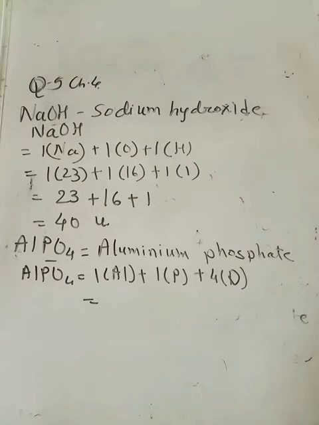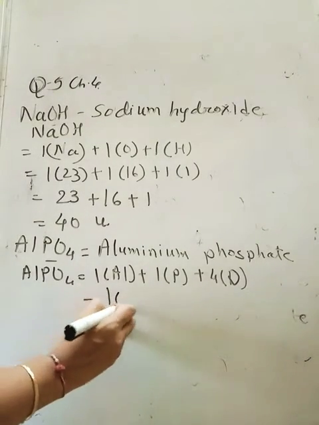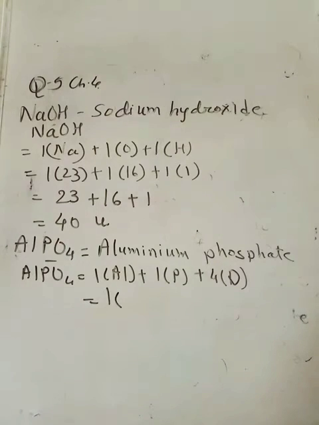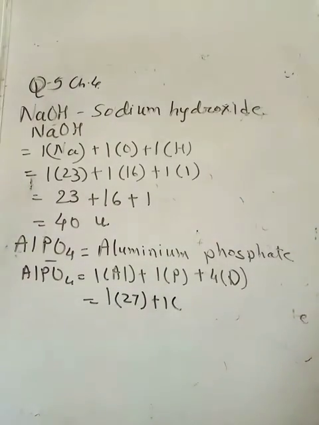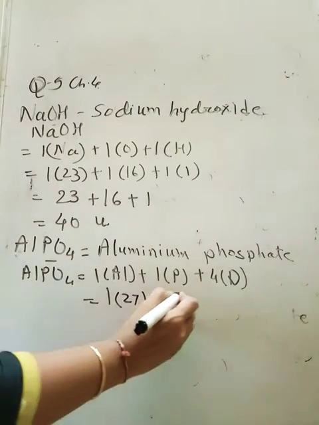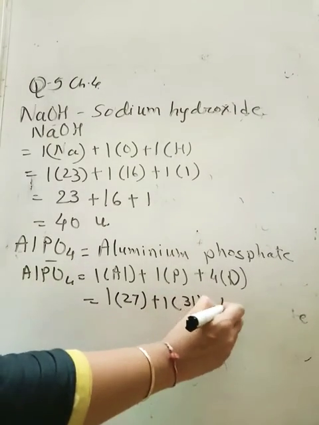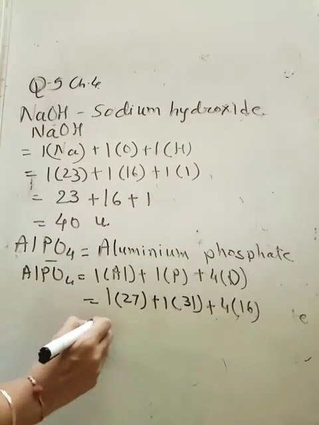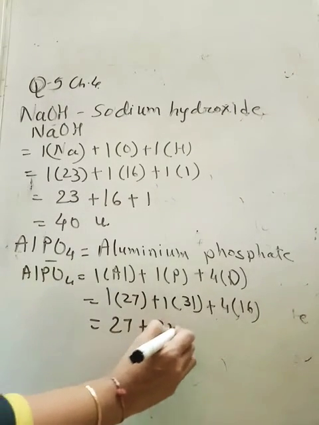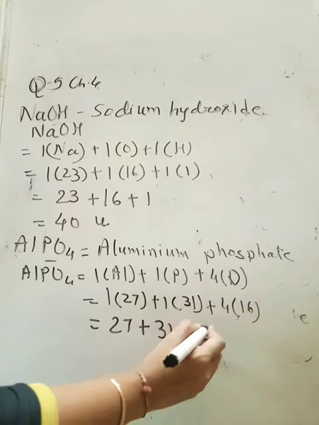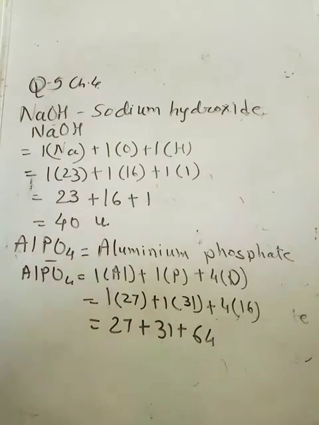So we have 1 aluminium, we have 27, plus 1 phosphorus, we have 31, and oxygen we have 16. So 1 into 27 is 27 plus 1 into 31 is 31 plus 4 into 16, 16 fours are 64.